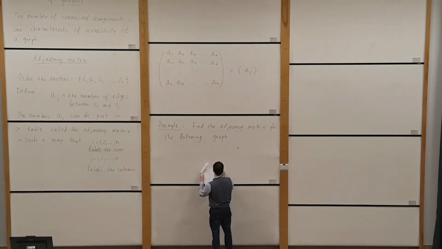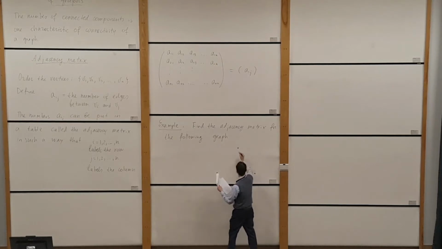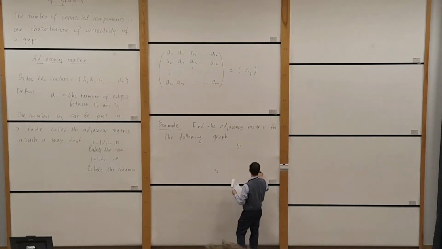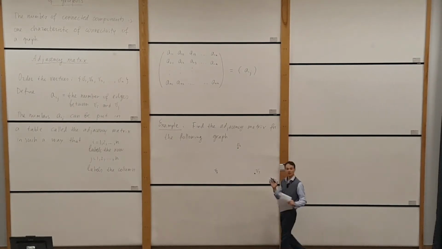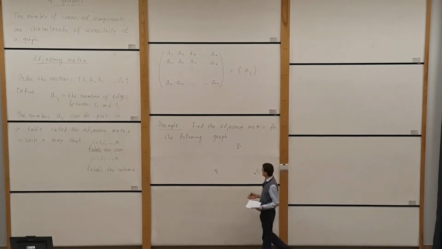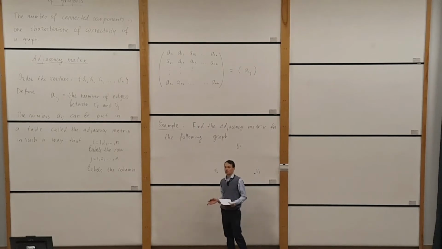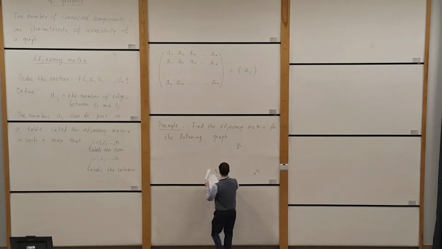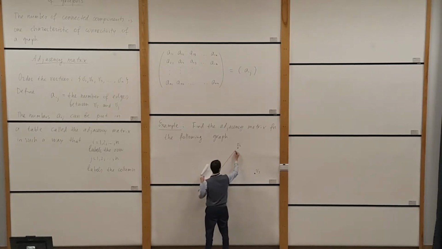So I'll draw the graph here. It has three vertices, and we'll label them as V1, V2, V3, which already gives us some ordering. If the vertices are labeled, say, by letters, then you can use alphabetic ordering, which would be natural. Right, so what are the edges? They're like this.